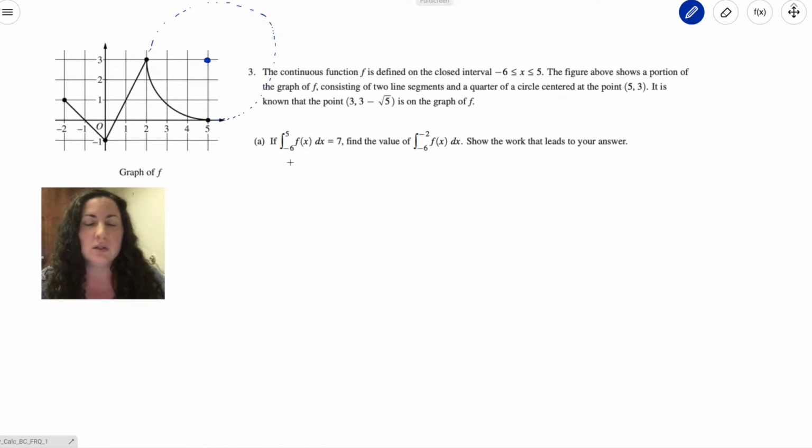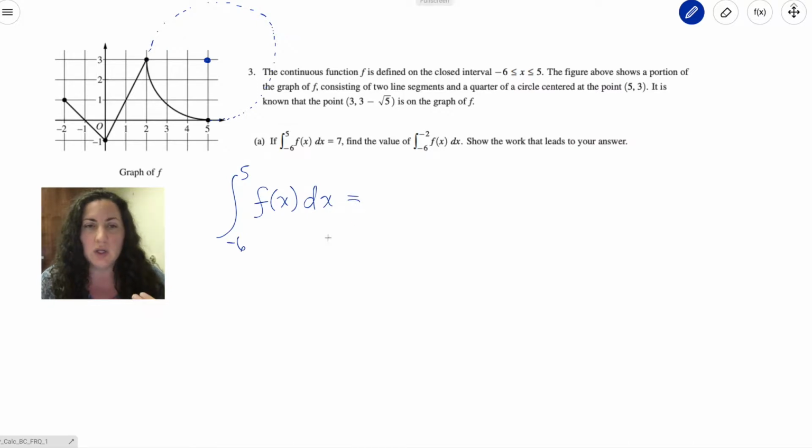So we're told that the integral from -6 to 5 of f is 7, and they want us to find the integral from -6 to -2. That's the portion that's not pictured in the graph. So if you recall your properties of integrals, we know that when we integrate a function over an interval, we can split that interval into several pieces and write those as separate integrals.